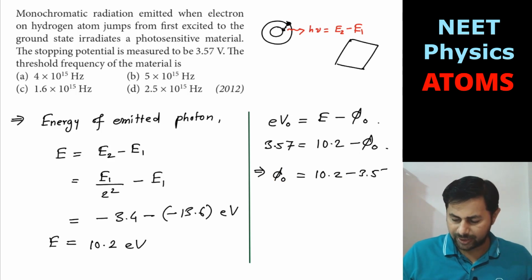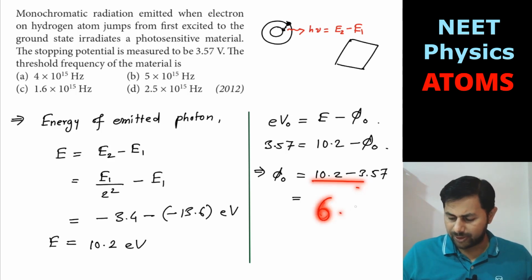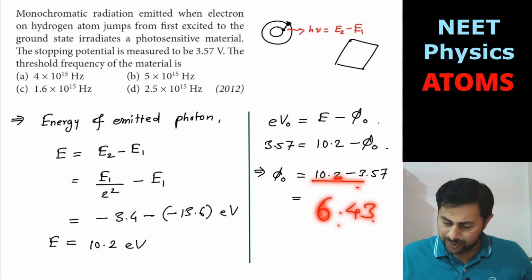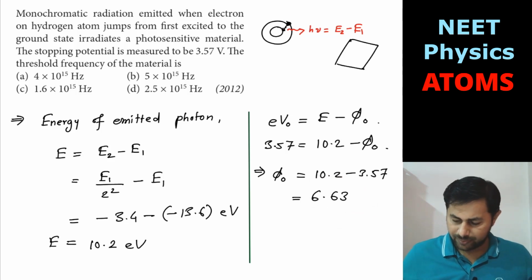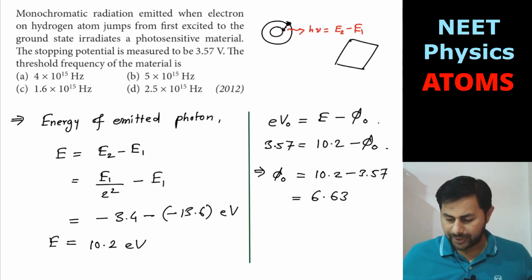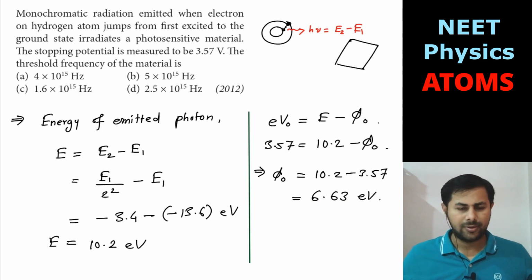That is 6.43 plus 0.2, so 6.63. Is it correct? Yes, this is correct. Check my calculation. Okay, good.